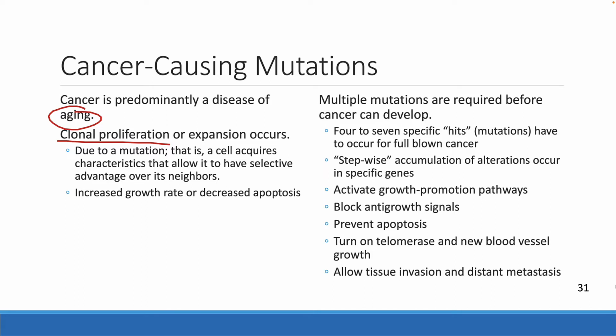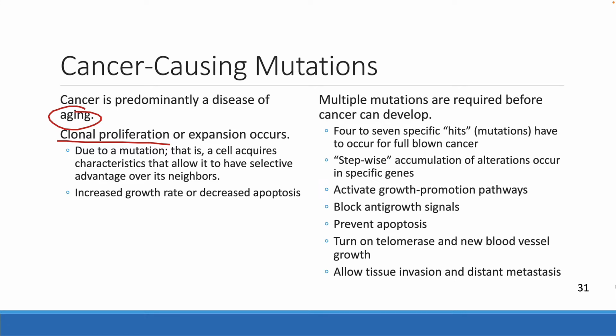Now, these multiple mutations, remember, it takes several hits before this mutation can result in full-blown cancer. There's a stepwise accumulation of these alterations that occur in specific genes, and that activates these pro-growth pathways and the proto-oncogene that we've discussed and all those things.